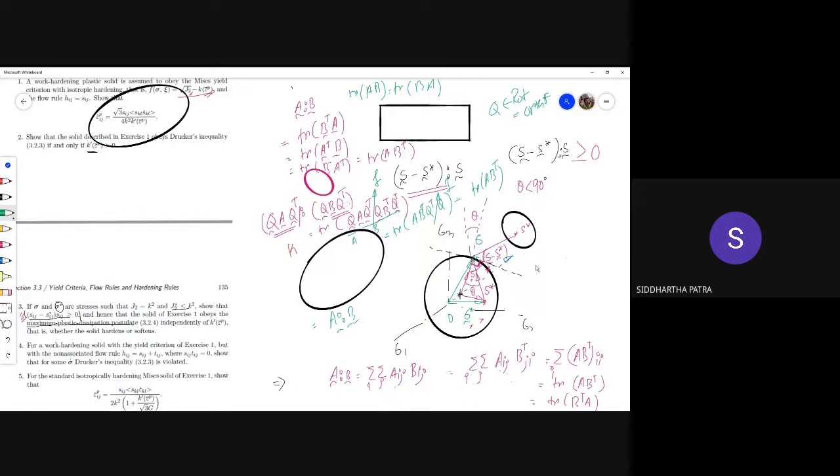So instead of taking the global Cartesian, if I were to represent the stress in the principal directions, the inner product would not change.